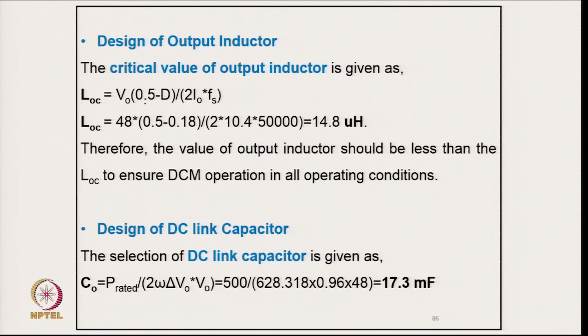So, from the relation for inductance for the critical condition, we can find out the critical value of 14.8 microhenry. So, therefore, the value of the output inductance should be less than this to ensure DCM, and for the design of the DC capacitor, of course, from this relation we can have 17.3 millifarad.